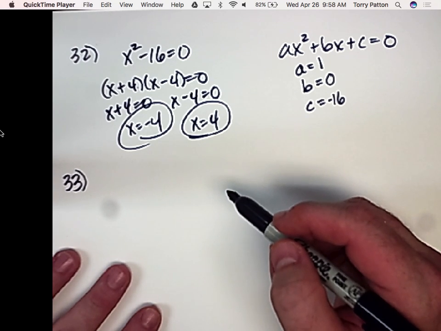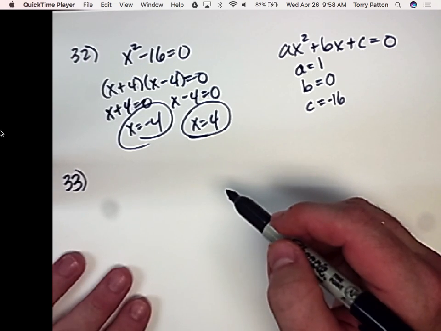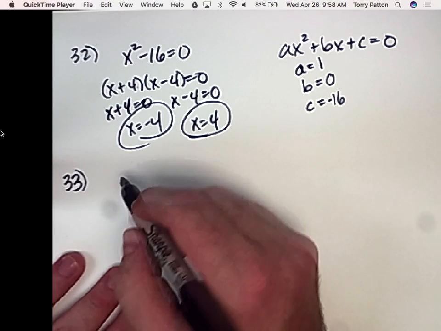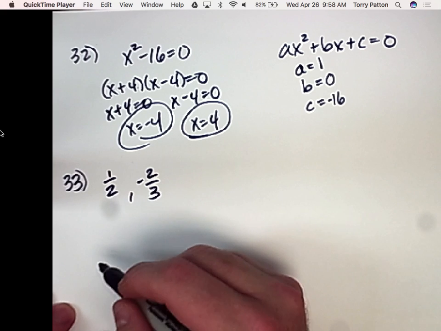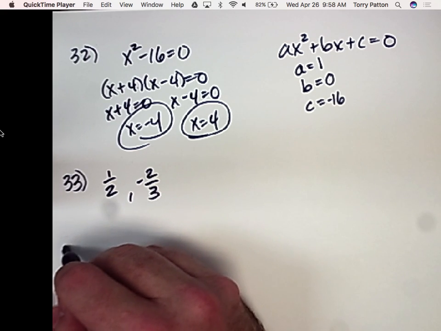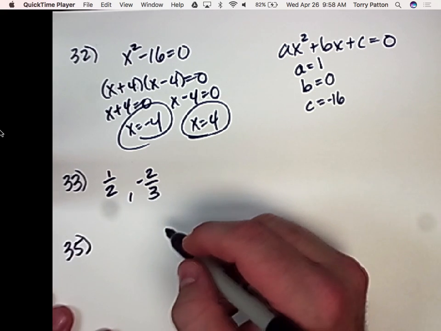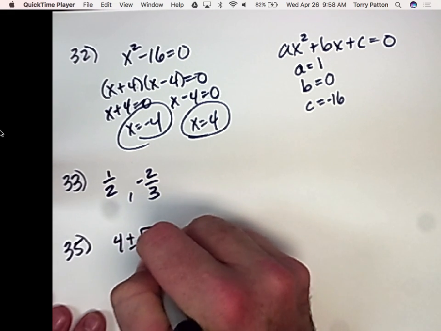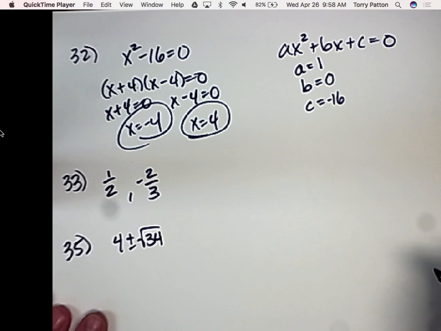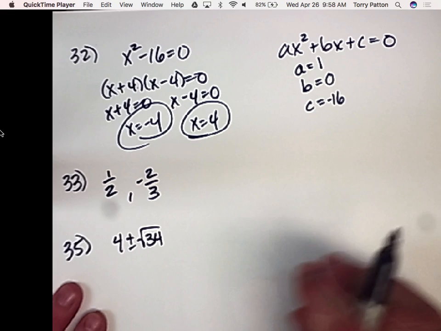33 is 1/2 and negative 2/3. 35 is 4 plus or minus the square root of 34. You might need to see that one? Yes.